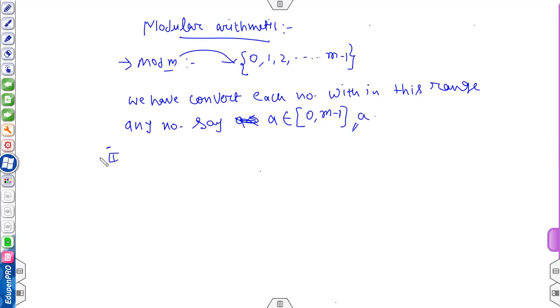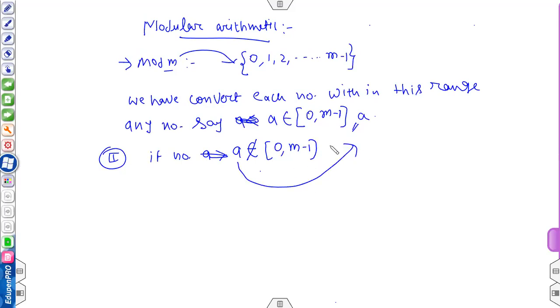But in the second case, if number a is greater than or does not belong to this range 0 to m minus 1, then we have to convert it into a new number, say b, that definitely belongs to this set 0 to m minus 1.